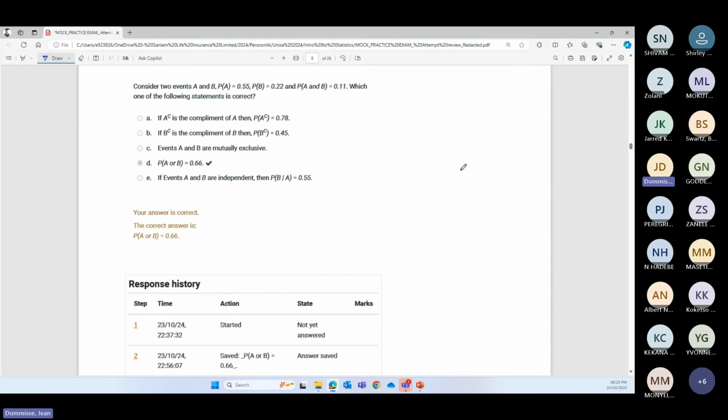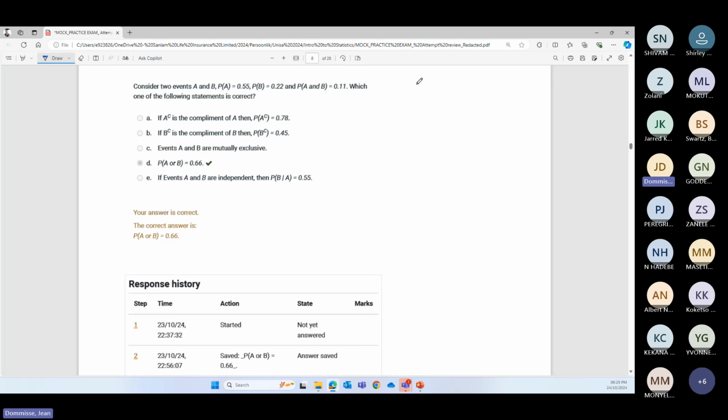Okay, then a bit of probabilities, and again, sometimes they have a different view.